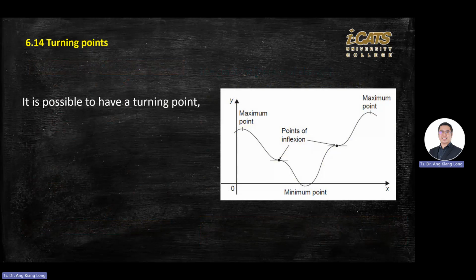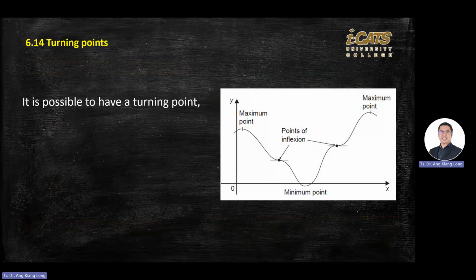That is a maximum point, changing from positive gradient to negative gradient. Later there's a way to find it.